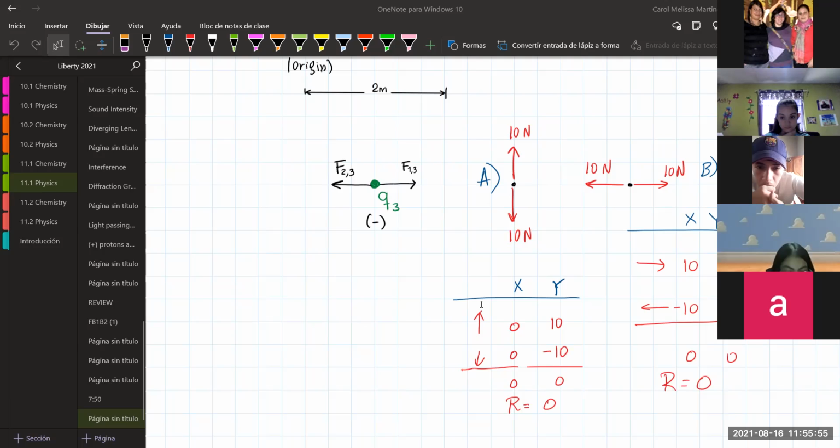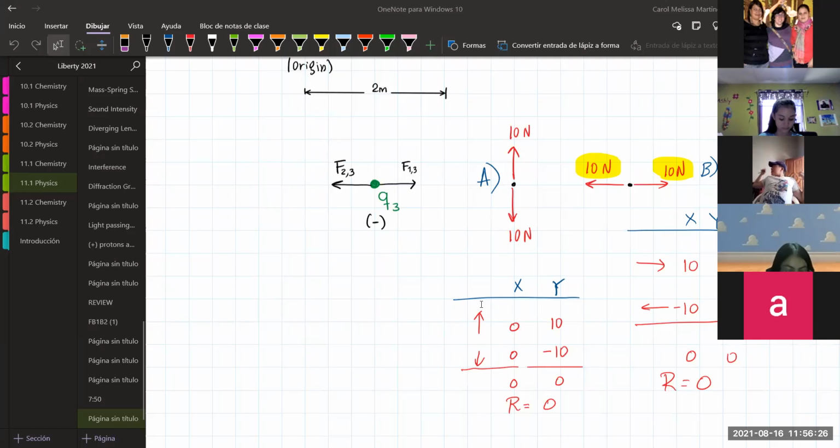Do we agree on this? Yes, right. So, in other words, for equilibrium to occur, I need the forces to be the same and the forces to be in opposite direction. These forces here are going in opposite direction, but because I want them to be in equilibrium, they need to be the same.